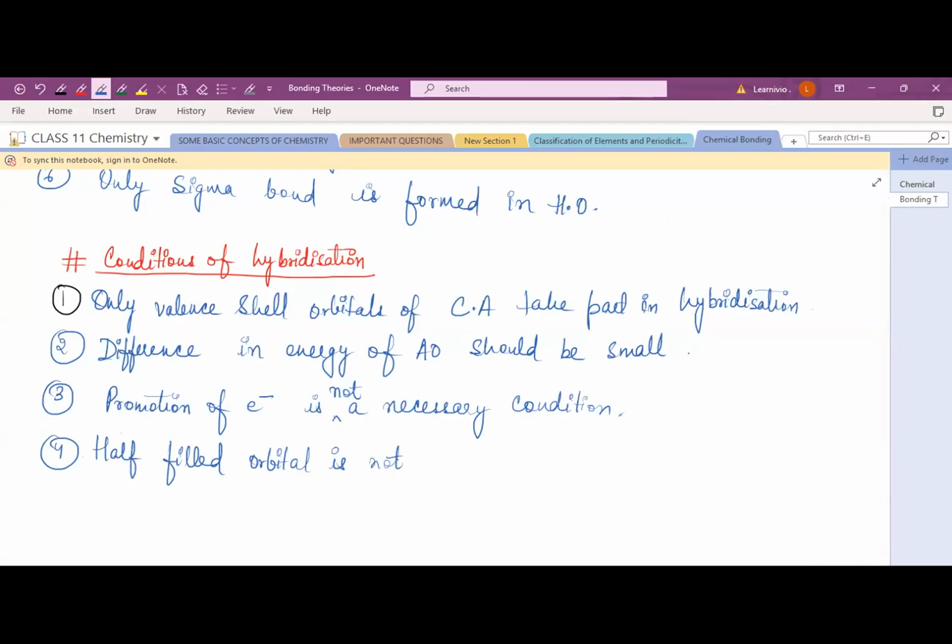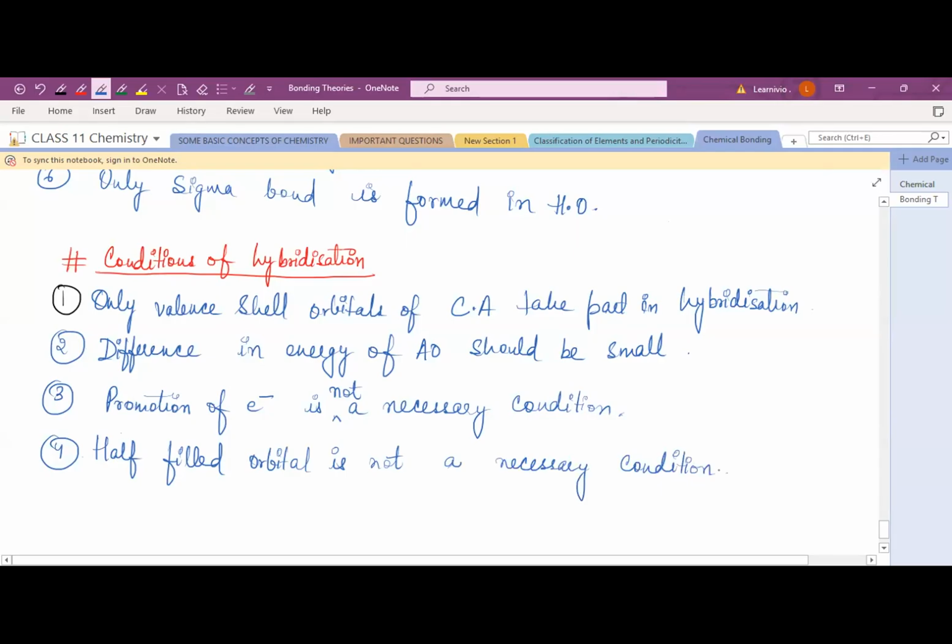The electron is excited, and it jumps to the higher energy level, and in that condition the hybridization takes place. Okay, so जरूरी नहीं है कि half filled orbital होना चाहिए. So half filled orbital is not a necessary condition.